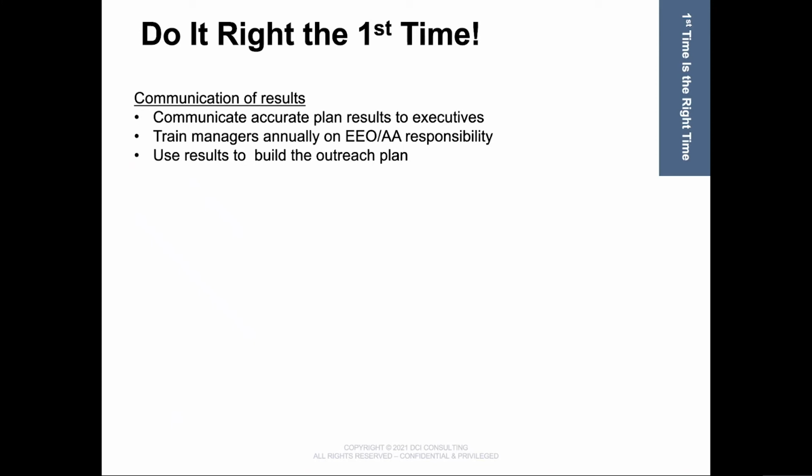You have training that's required once you get your results, and then you need to use those results to create something to make sure that you are building more diversity in your organization. So if you have placement goals, how are you going to recruit? Where are you going to recruit? You have to build this plan. But if your data is wrong, you can't build the plan appropriately.